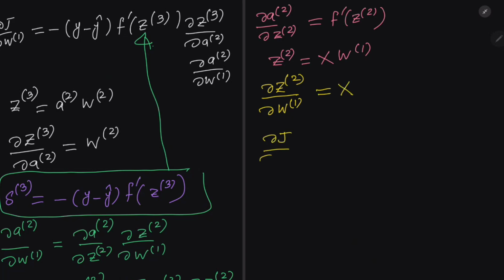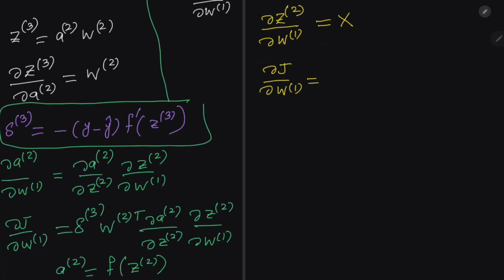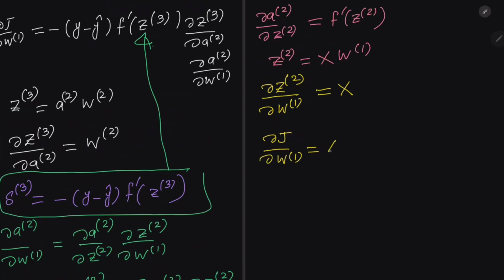Partial J by partial W1 is our actual derivative. The derivative of J with respect to W1 becomes x transpose, delta 3, W2 transpose, and we have f dash z2, etc.